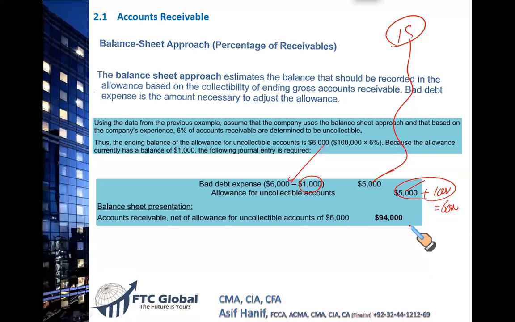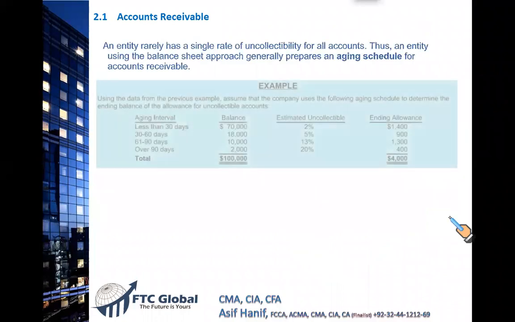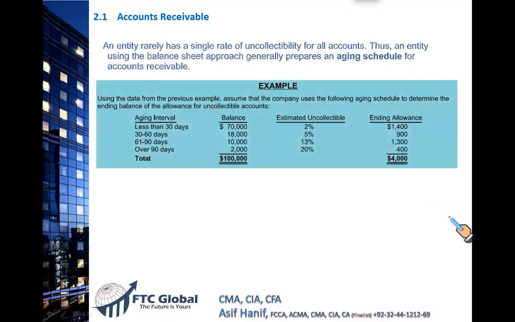And how do we report it? At NRV. And what is NRV? The gross receivables less the balance on allowance gives you 94,000 as the NRV of your account receivable. Now, we have another way of doing the balance sheet approach, because it is very rare that you will have a single percentage for all your customers. Rather, we use the aging schedule.